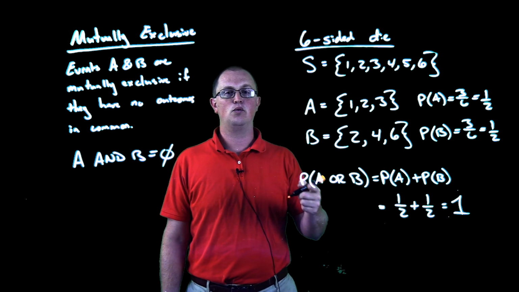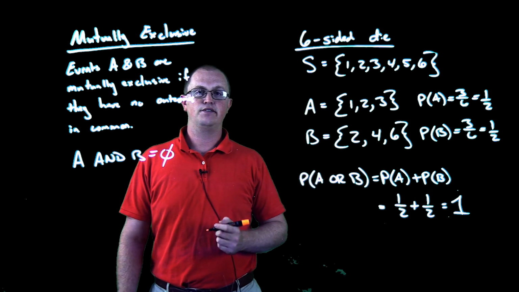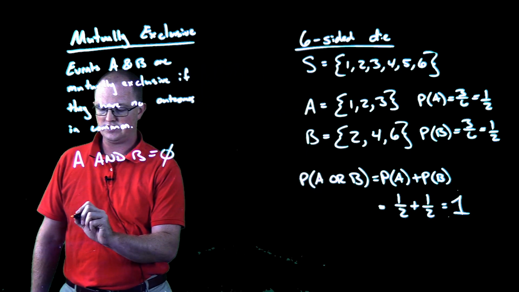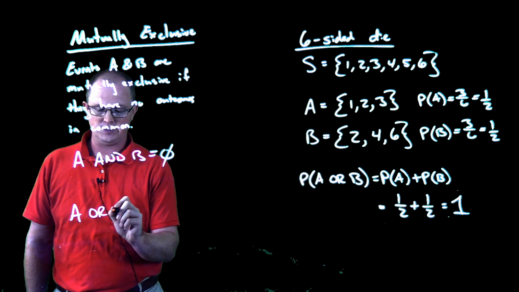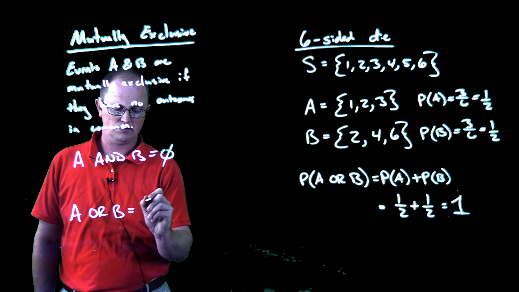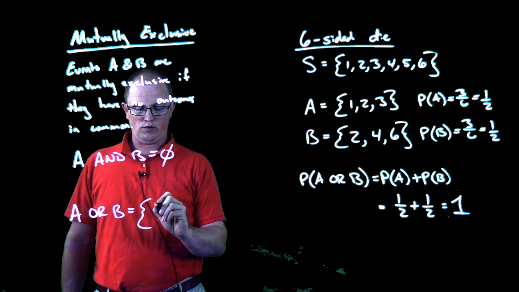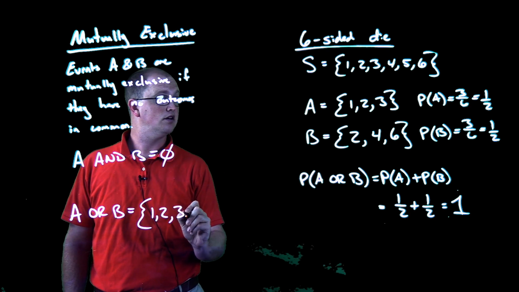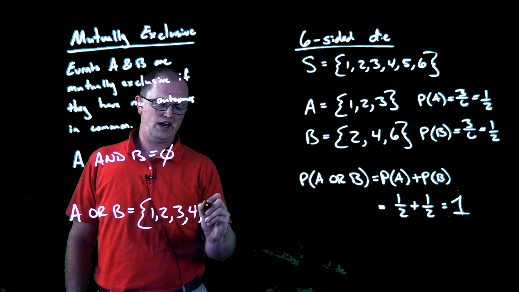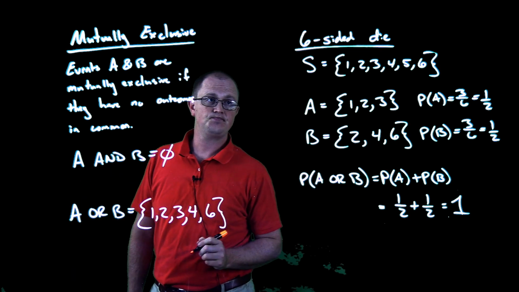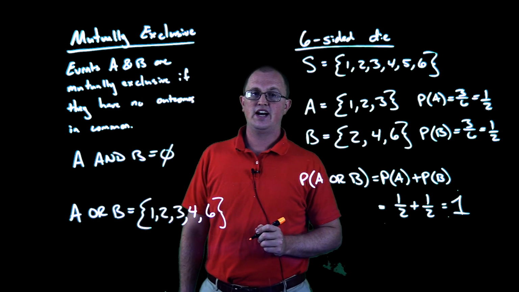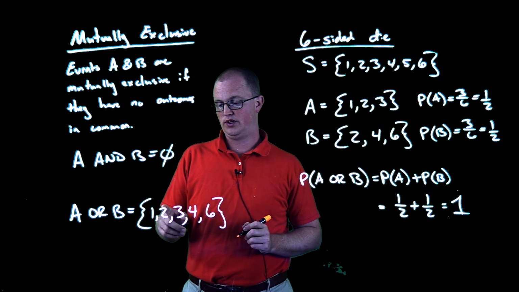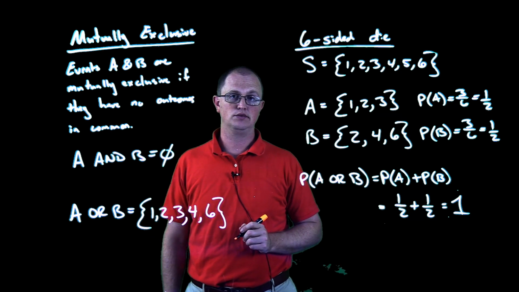And if we look at what is in the event A or B, in this case we have 1, we have 2, we have 3, we have 4, and we have 6. And if we count up our outcomes here, we have 5 outcomes.